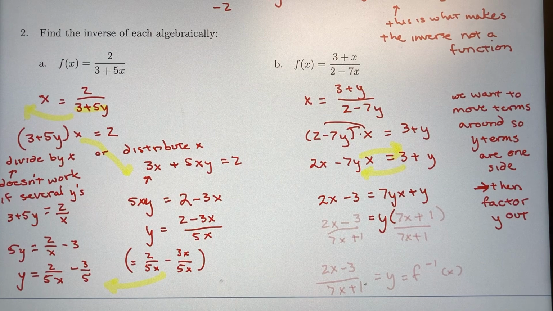Y times what to give you 7yx? Well, 7x. You can't lose the plus sign. Y times what to give you y? 1. Okay. Now, all we have to do is divide by what's stuck to y. And we have what we want.